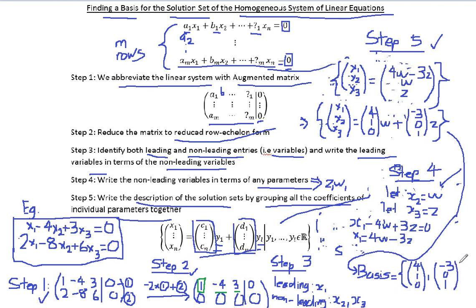So this is a 2 vector set. So this is our basis. We are done. So this is done. So we have already learned how to find the solution set initially, and now based on this we can find the basis.